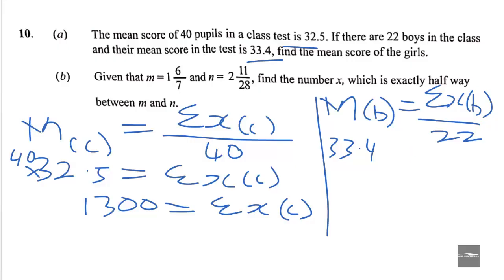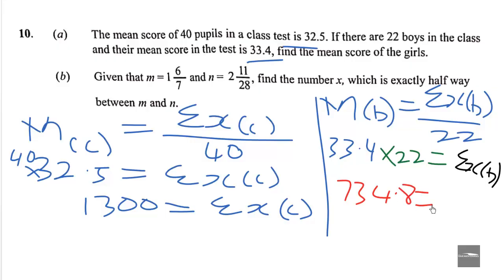So the total times 22 gives us the total score, the summation. So that will give us the total score of the boys. So 33.4 times 22 will be equal to 734.8. 734.8 is equal to the total score of the boys in the class.